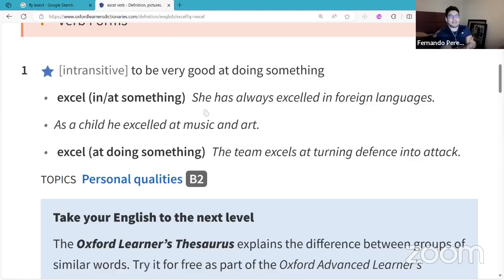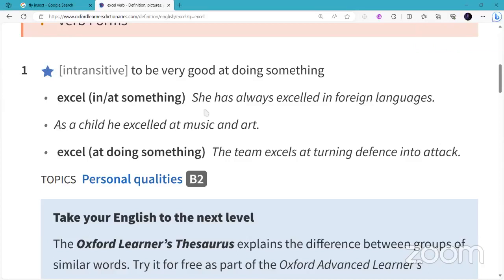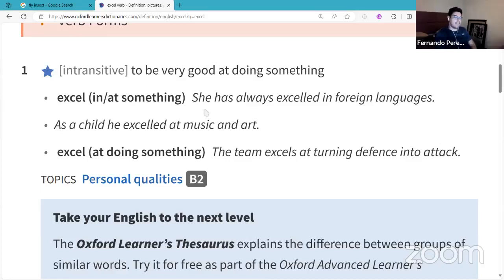So the synonym would be, to be very good. Right. And it obeys the same collocation that we use when you say I am very good, you use the connector at. The same way we are using here to excel at. A person excels at school.